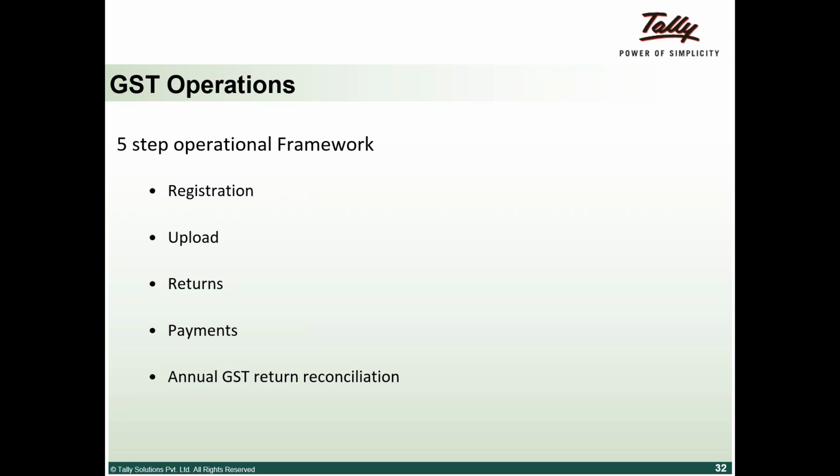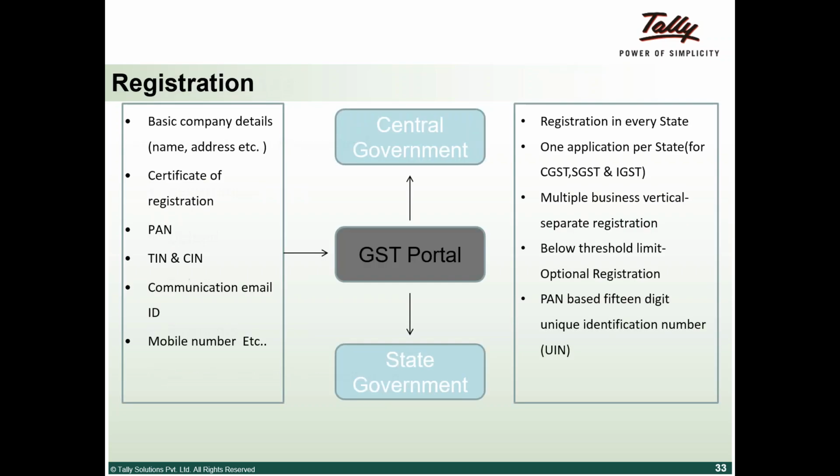Basically, GSTN has 5 operational framework aspects. One is the registration they do. There are some forms to be uploaded, which we will deal with in the next slide, and some returns need to be filed. So those are the returns, the payment of tax, and annual GST returns and reconciliation. Basically, registration, returns and payments are the main things, which can happen only online.